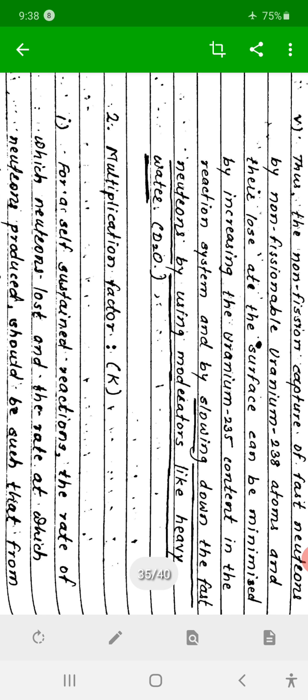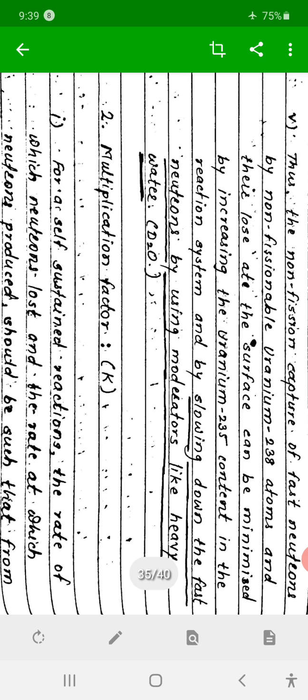The non-fission capture of fast neutrons by non-fissionable material like uranium-238 atoms, and their loss at the surface, can be minimized by increasing the uranium-235 content in the reaction system, because uranium-238 is non-fissionable material and uranium-235 is fissionable material.